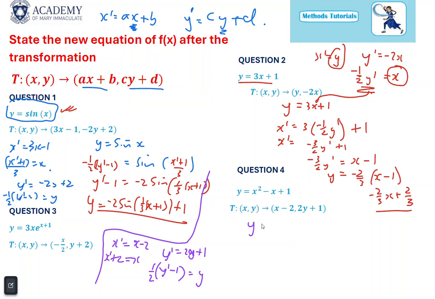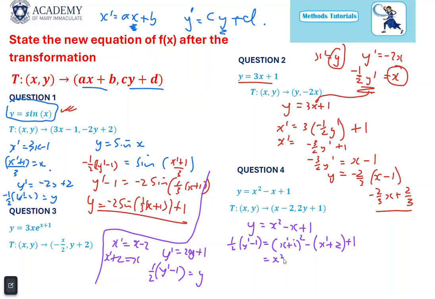So my equation y equals x squared minus x plus 1 becomes a half y dash minus 1 equals x becomes x plus 2 squared minus x dash plus 2 plus 1.